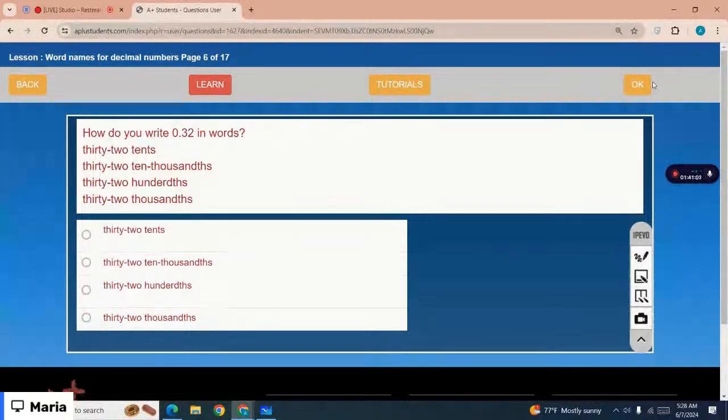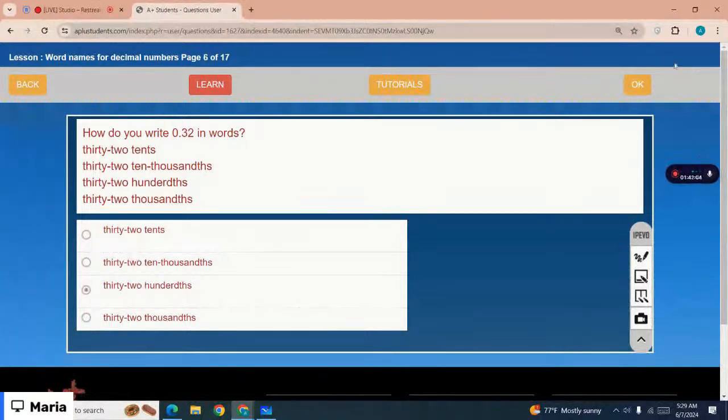How do you write 0.32 in words? The correct option is 32 hundredths.